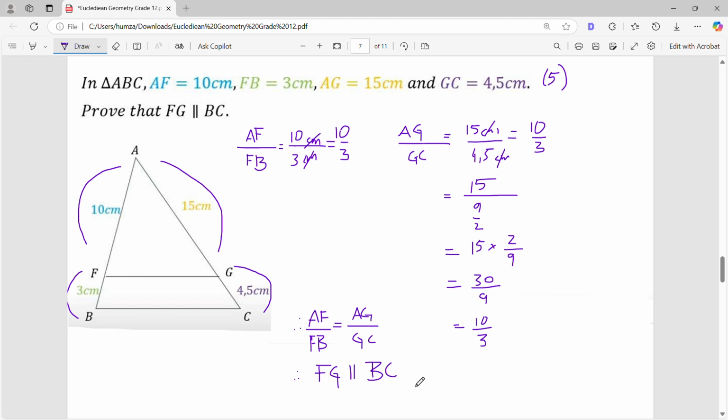And the reason here we can give is that line divides sides of triangle ABC proportionally.